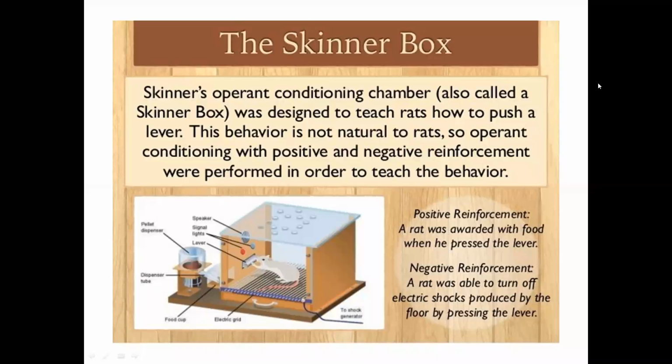So this behavior is executed by the rat: when he starts pawing around the walls or explores the walls, he accidentally presses the lever and a food pellet drops on the plate. So the hungry rat eats it. In the next trial, after a while, the exploratory behavior again starts.